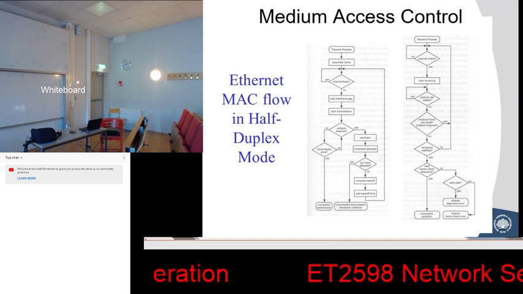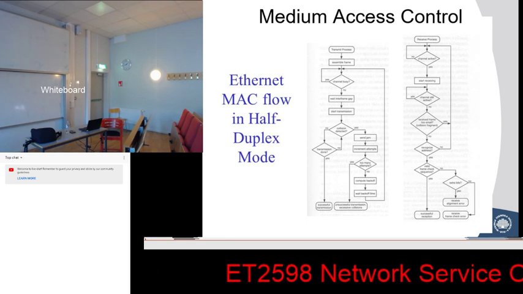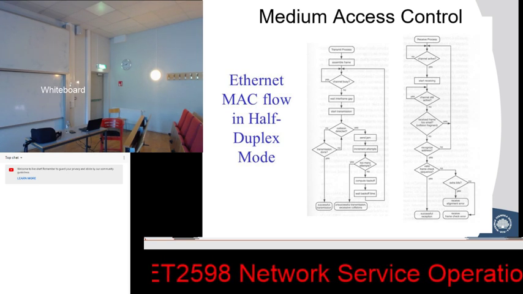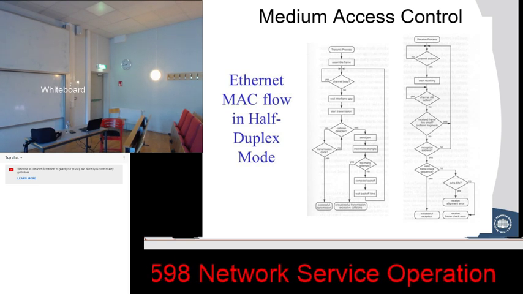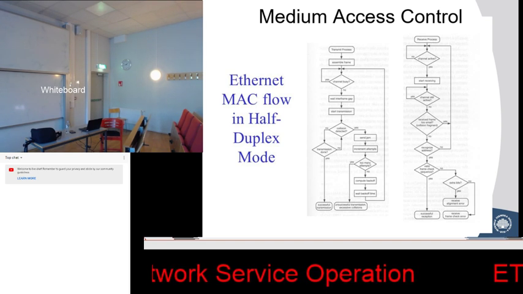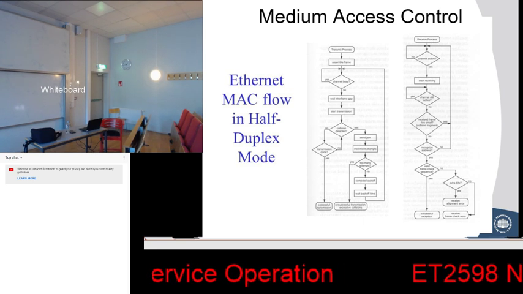For the receive MAC, it's slightly different. We are the receive process, and how do we know when someone will send something to us? We don't know, so we need to be in receive mode all the time.